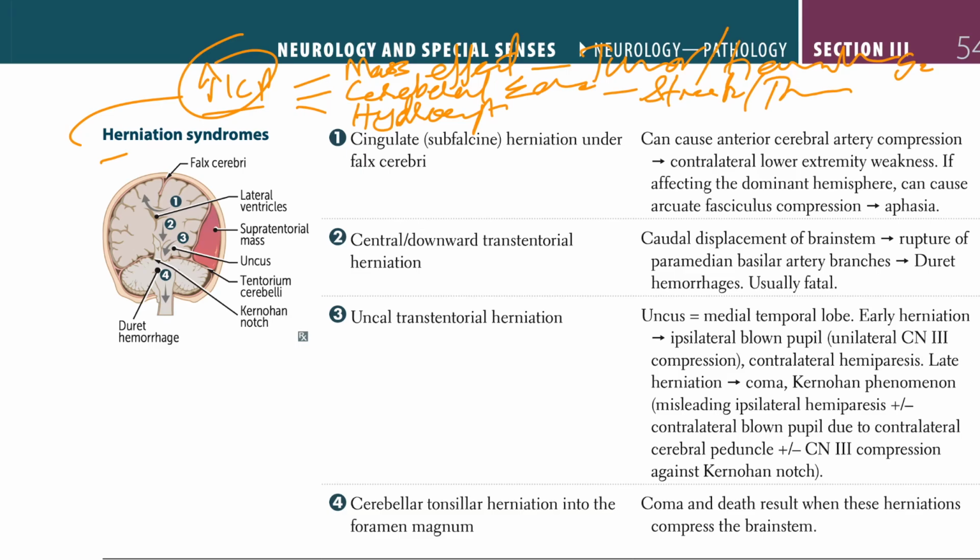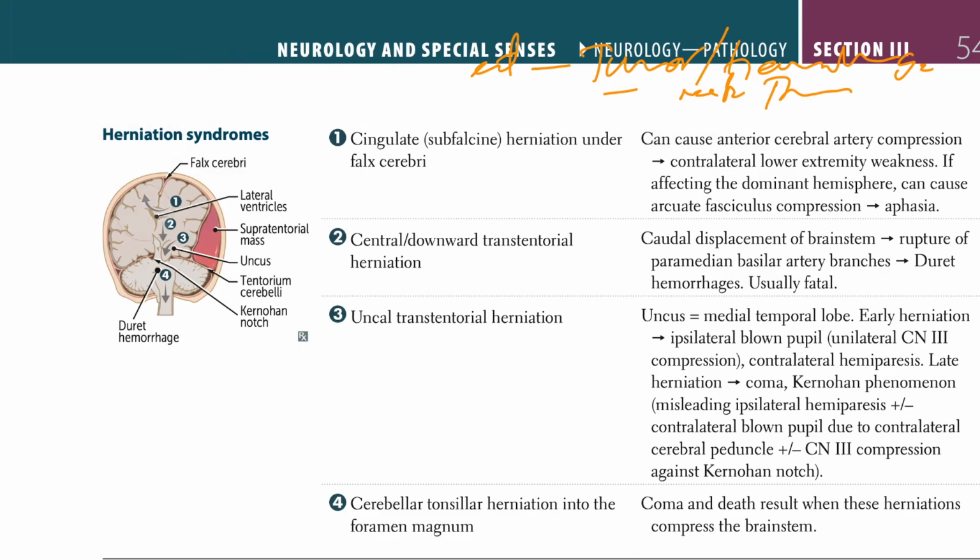So when you increase or expand the volume, it forces the brain tissue through the weak points. And let's talk about what the weak points are here. So first, we have the falx cerebri. We have the tentorium cerebelli.